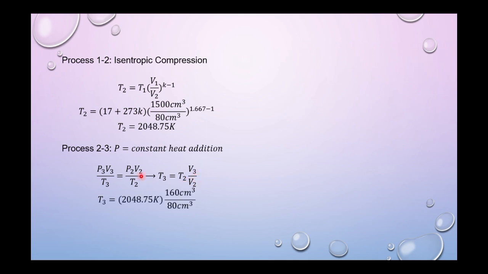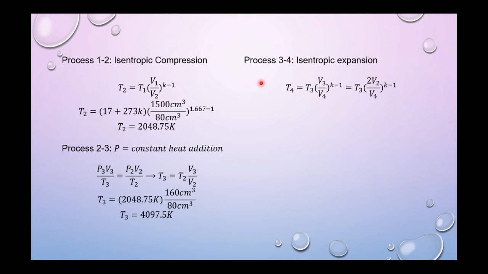So, substitute, our T3 is equal to 2048.75 Kelvin, which is our T2, times 160 cubic centimeter over 80 cubic centimeter. Simplify, our T3 is equal to 4097.5 Kelvin.